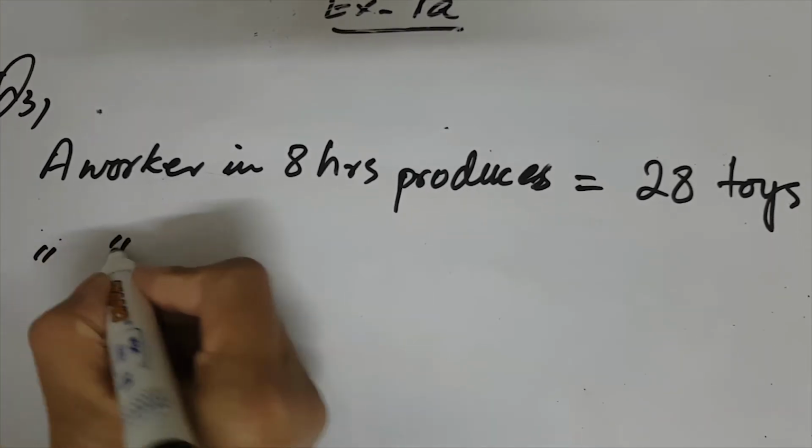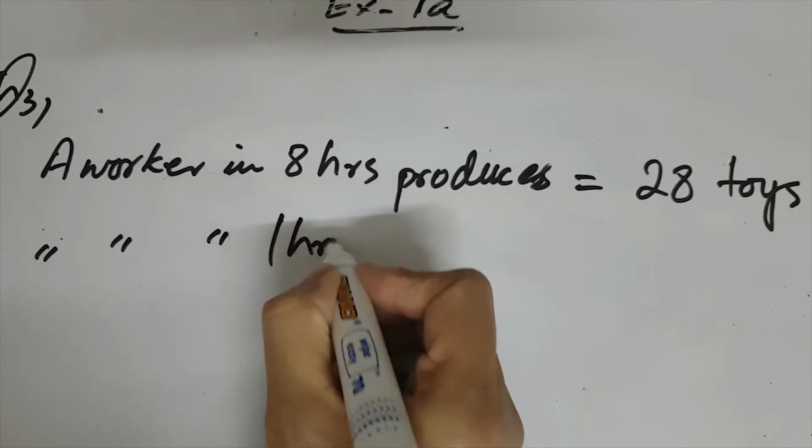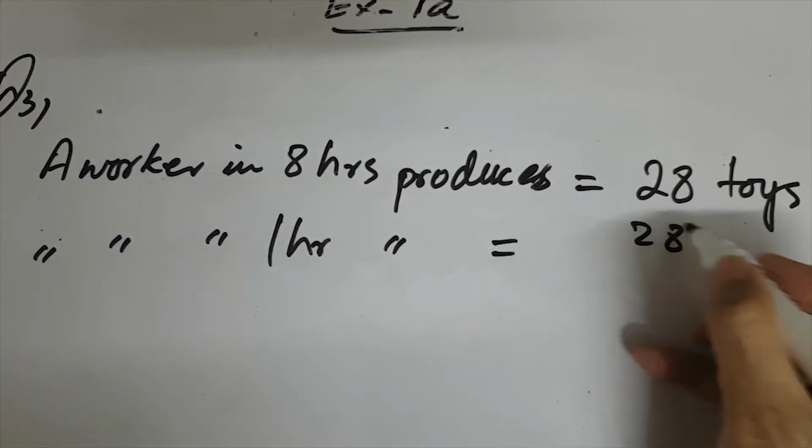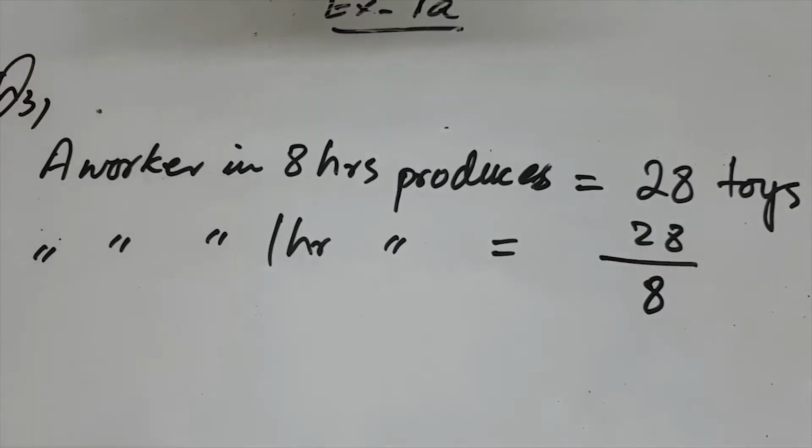Then a worker in 1 hour time produces how many toys? 28 upon 8.